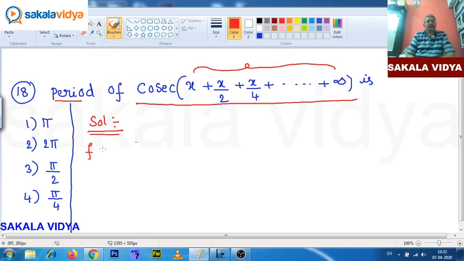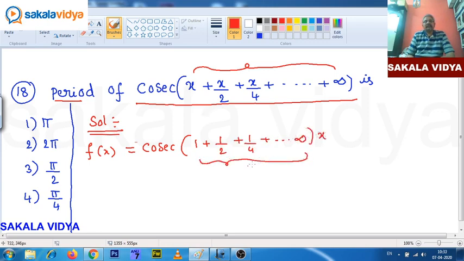So, f of x is equal to, we can write x common, cosecant of 1 plus 1 by 2 plus 1 by 4 plus and so on to infinity, of x. This is a geometric progression up to infinity.